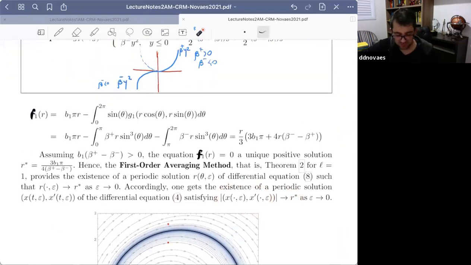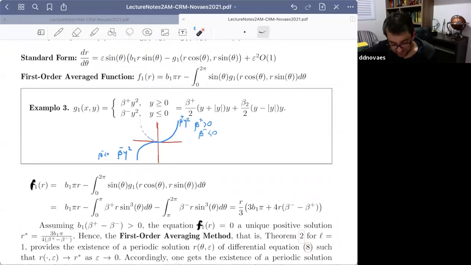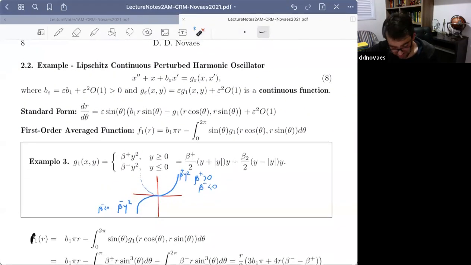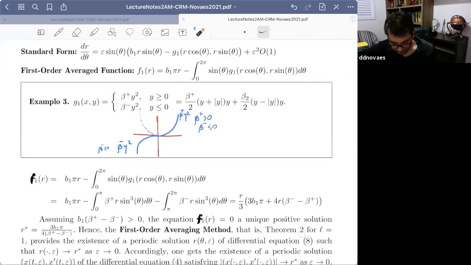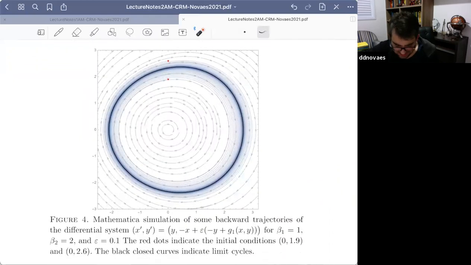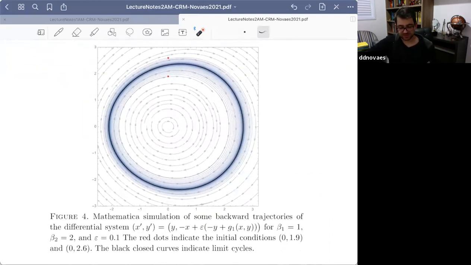So allowing non-differentiability in the perturbation, we can work with polynomials of lower degree and find periodic orbits.